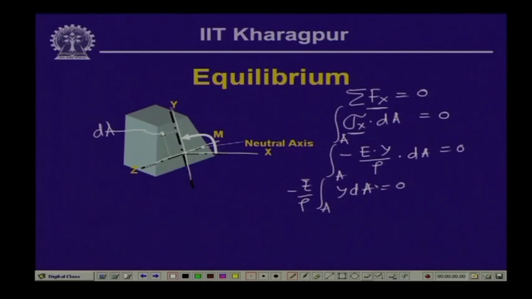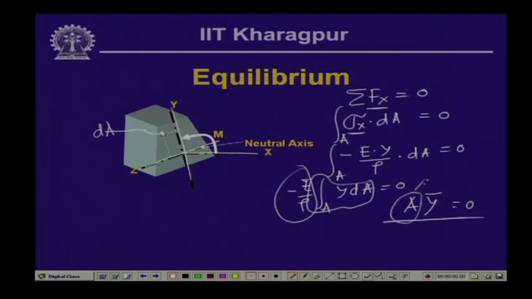Now, we can write this as A y bar times the constant E by rho, equal to 0. Since area A cannot be equal to 0, y bar is equal to 0. The meaning of y bar equal to 0 is that the distance of that segmental area with respect to the centroidal axis or the origin is equal to 0.